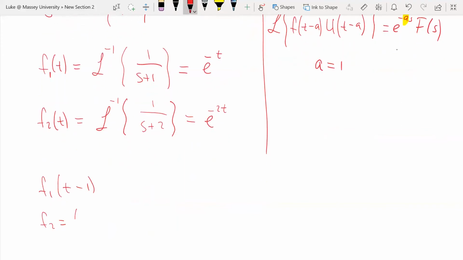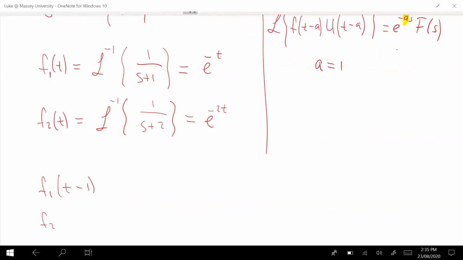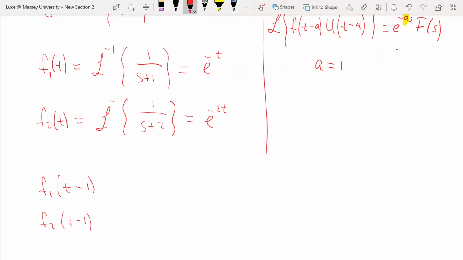Well, f1 is e to the minus t, so f1 evaluated at t minus 1 is e to the minus (t minus 1). Similarly, f2 is e to the minus 2t, so f2 evaluated at t minus 1 is e to the minus 2(t minus 1).